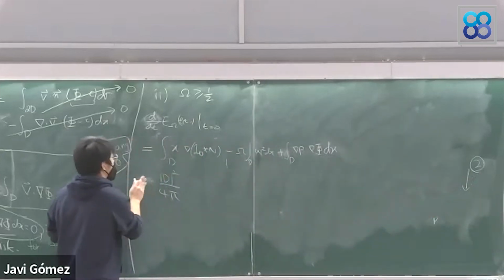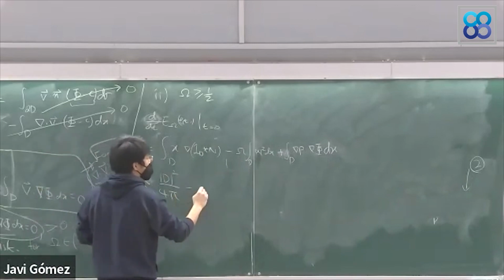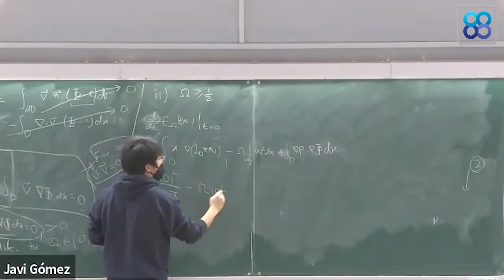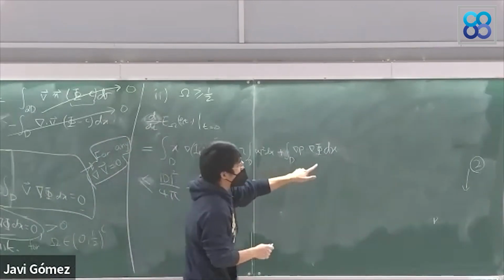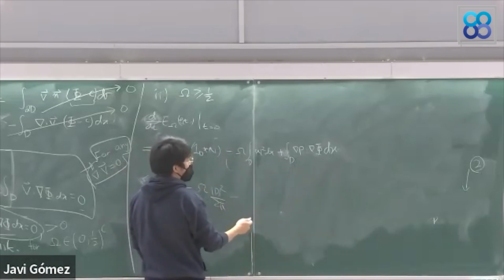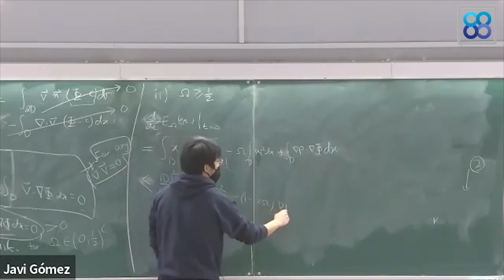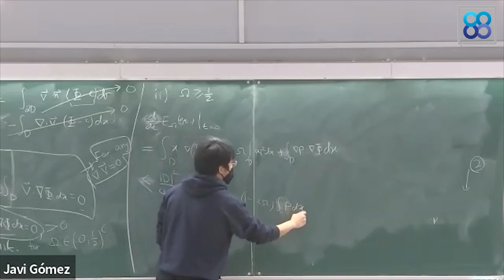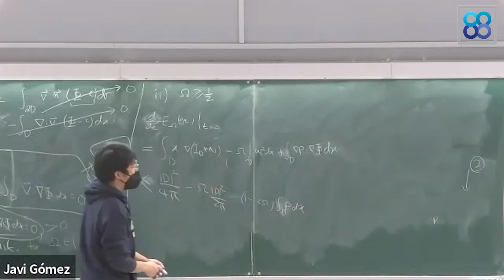So we can replace this equality by an inequality, and we plug in this. And then the last term, claim 3 says that it's just equal to 1 minus 2 omega times d squared, the integral p dx.